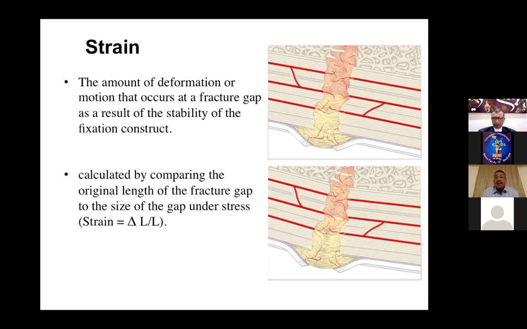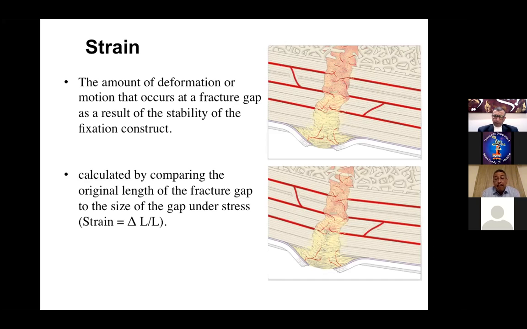Let us have an example. If we have a gap of 5 millimeter and the fracture is deformed under stress by 2 millimeter, so the amount of strain will be 2/5.